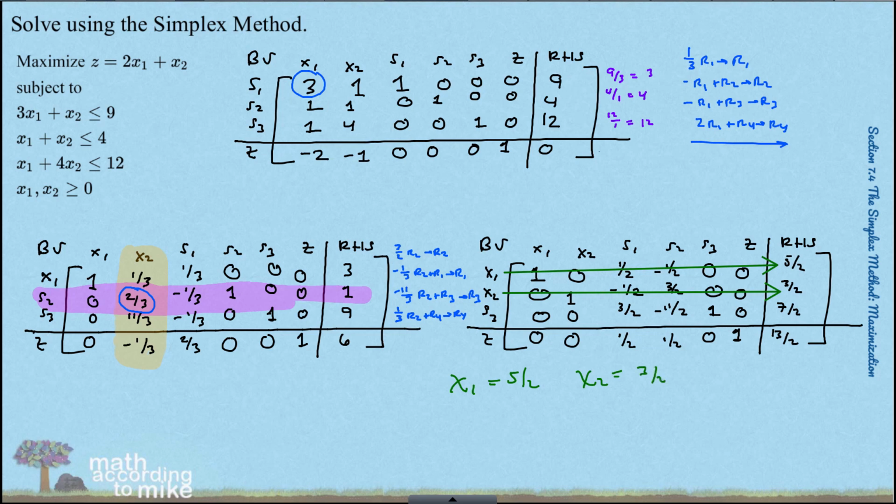We don't care about what the s's equal, so we're going to ignore the s sub 3's value. Z is 13/2, again, reading across. So the ordered pair that optimizes our solution, I should say our optimal solution, is 5/2, 3/2, and our optimal value is 13/2.